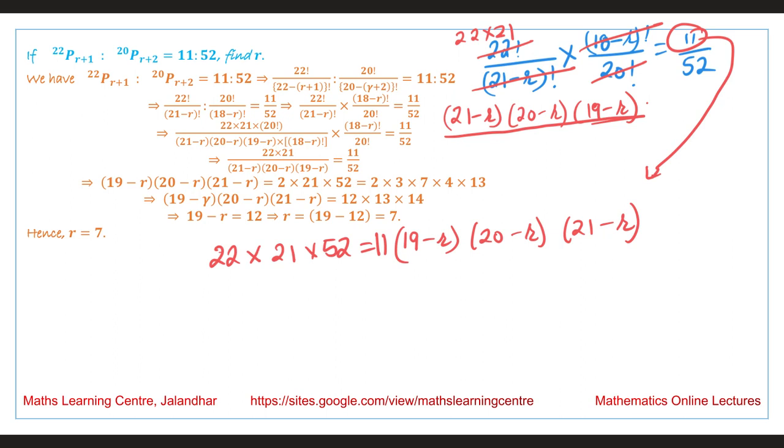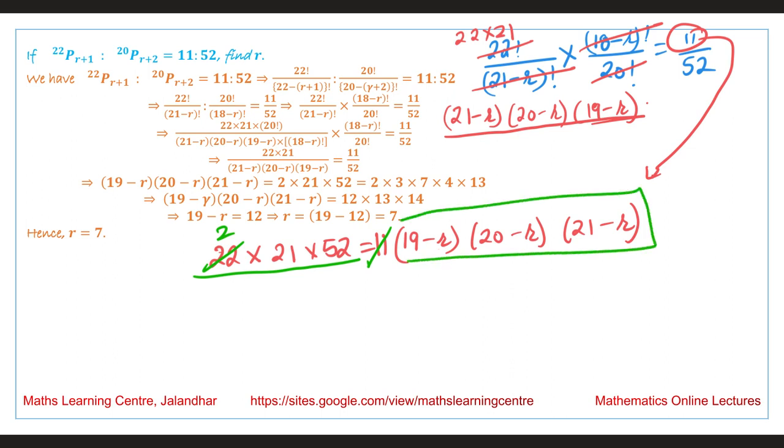Now to calculate the value of r, first of all we cancel this 11 over here, we are left with this 2. We factorize these terms and try to write them in this form.